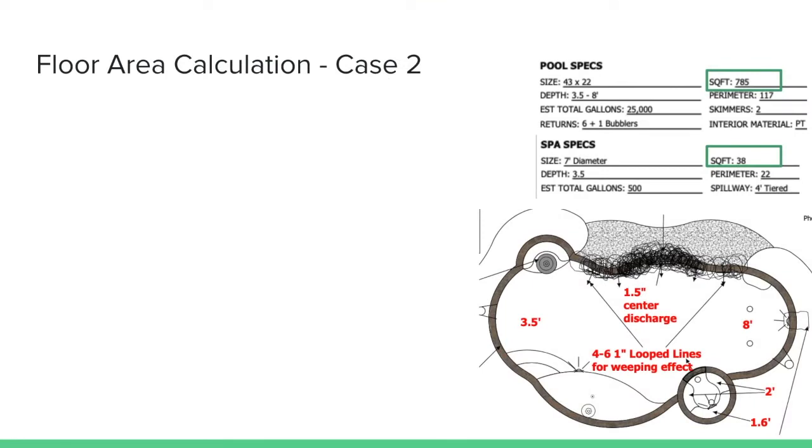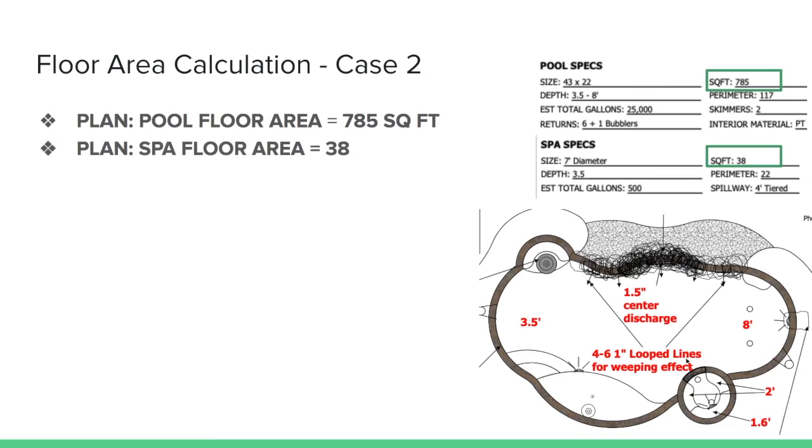Let's go to step 1 and find the floor area. The floor area is already given. It's a new floor, new plan, and the area is given in the plan specification. So the pool has an area of 785 and the spa has an area of 38 feet.